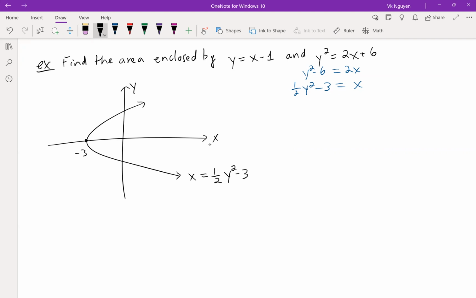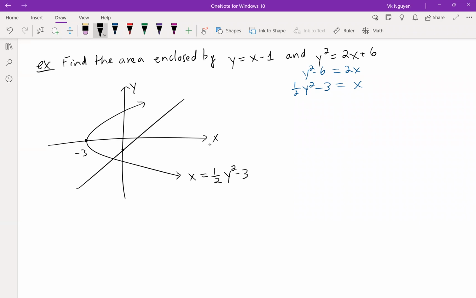Okay, and the straight line is y equals x minus 1. So it's the number -1 right here, and that line goes through this point. It would look something like this. I'm going to redraw it right here.